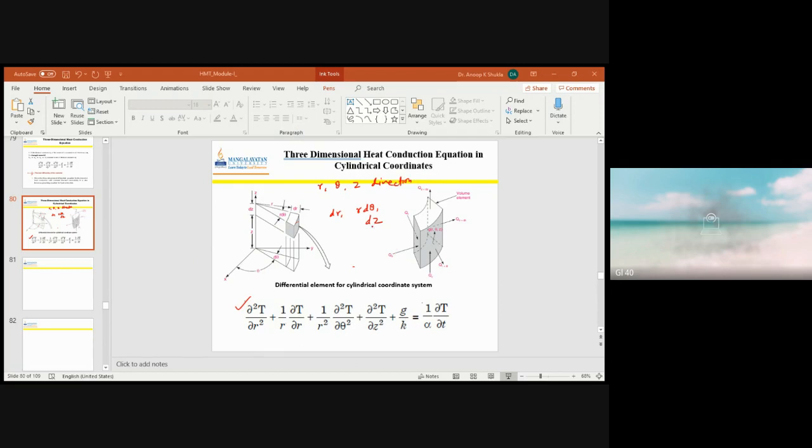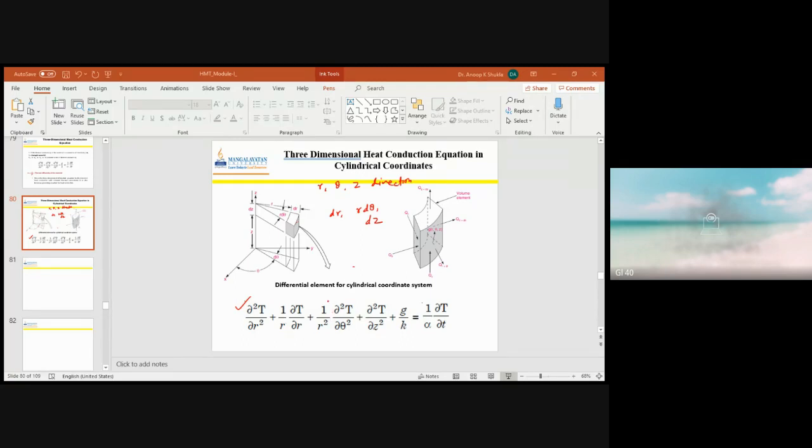At a given time, the temperature of this wall is taken as T. So our boundary condition becomes: at x equal to 0, T(x,t) becomes T1.